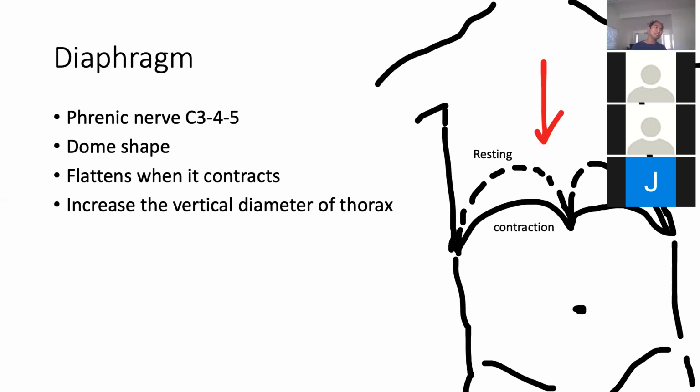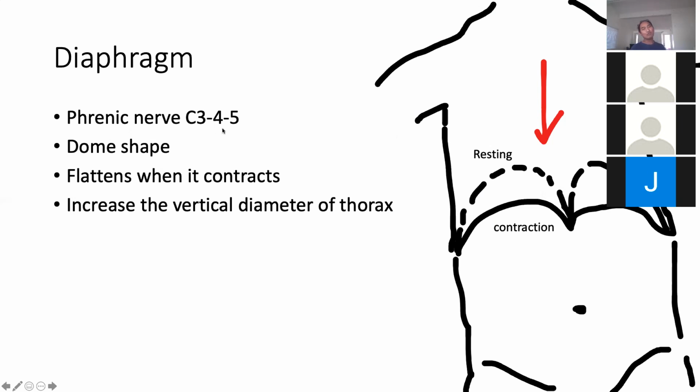go into the lung. So of course, for us to do inspiration, the diaphragm needs to contract, and the nerve supplied to the diaphragm is the phrenic nerve, which arises from cervical 3, 4, 5.